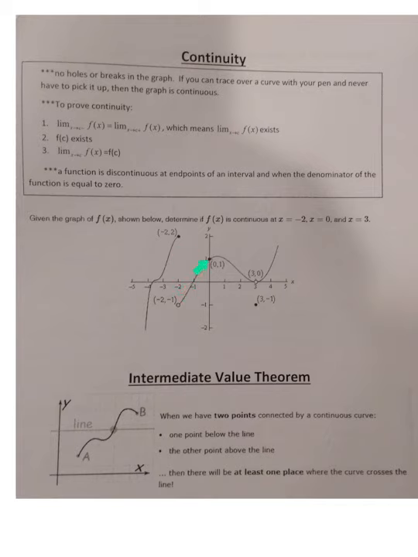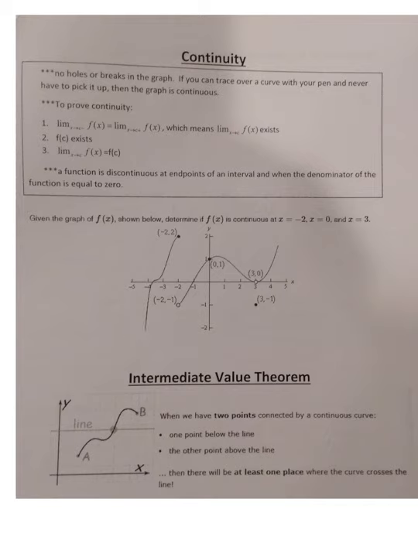And can you see that I never have to pick up my pen, or my pointer in this case? Okay, so do you see that between -1 and 2, the graph is continuous? Just like maybe between -4 and -2. So between -4 and -2, this graph is continuous. So we can always close in the domain, but if we are looking at this entire picture, we have discontinuity.